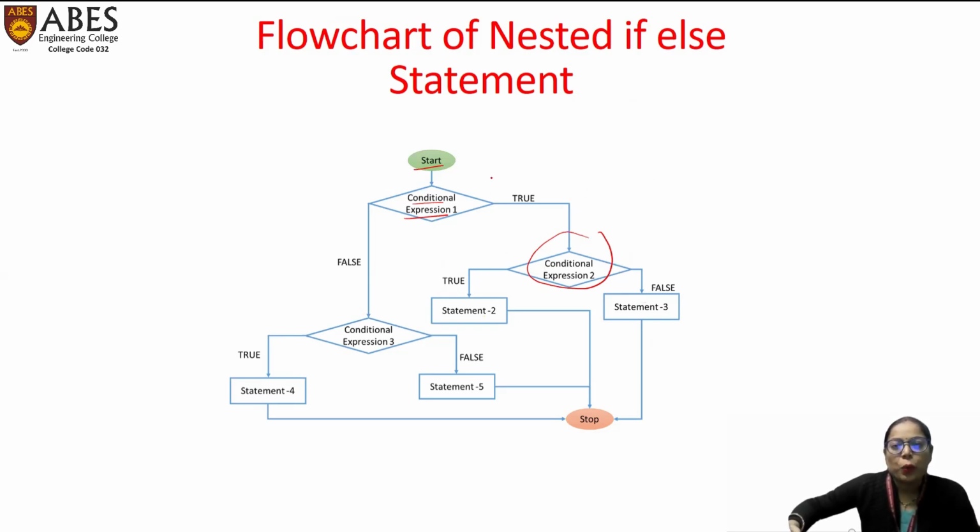Actually, you can observe from this flowchart what basically happens. We have one main if-else statement, where if the condition is true, we have another if statement inside that. And when the condition is false, again we have another if-else statement.